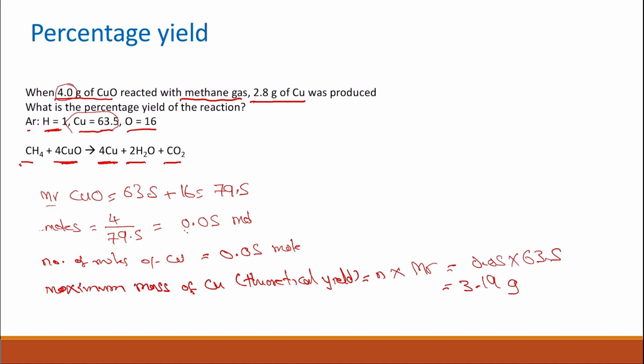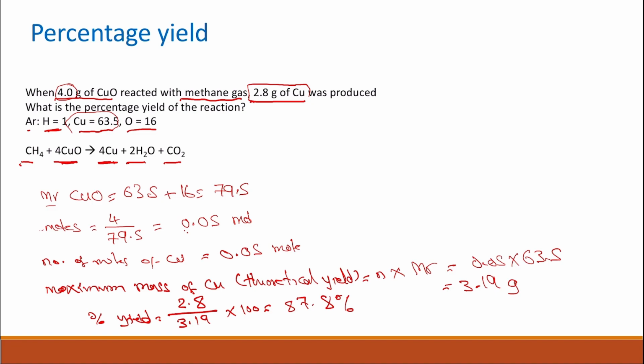But we actually only got 2.8 grams. So the percentage yield for this reaction will equal the mass we actually got, which is 2.8, over the maximum or theoretical yield, which is 3.19, times 100. So you're going to find that it is 87.8%.